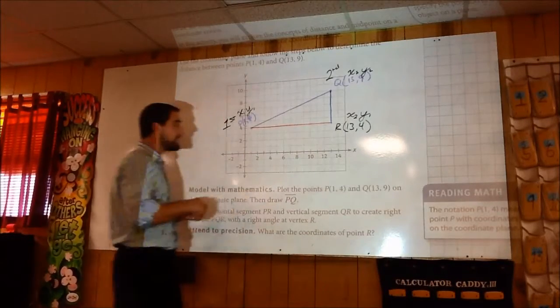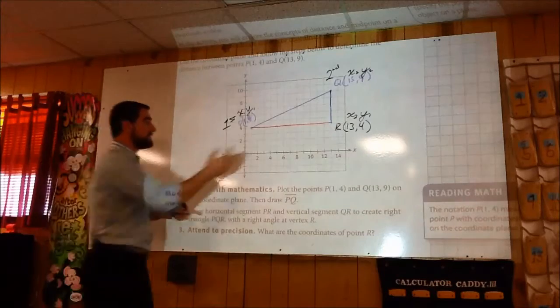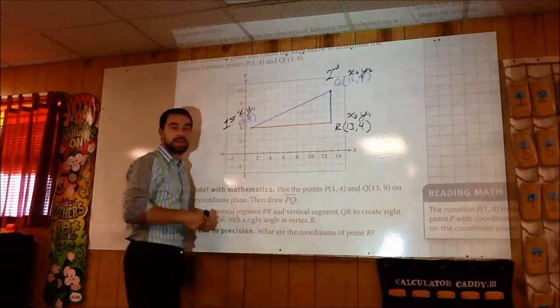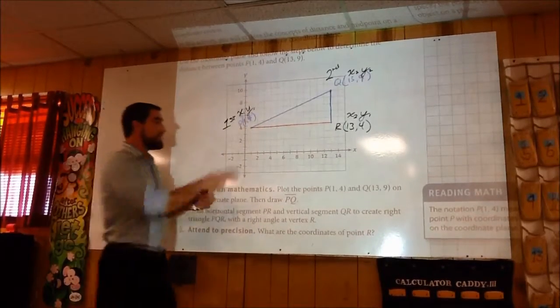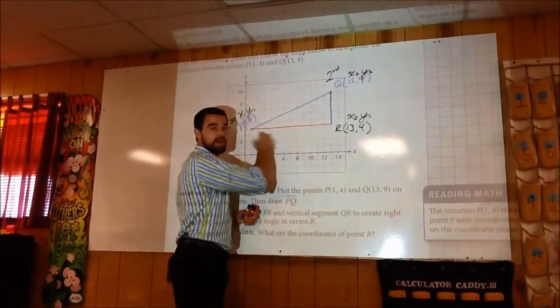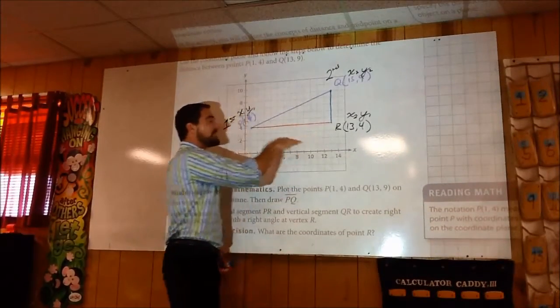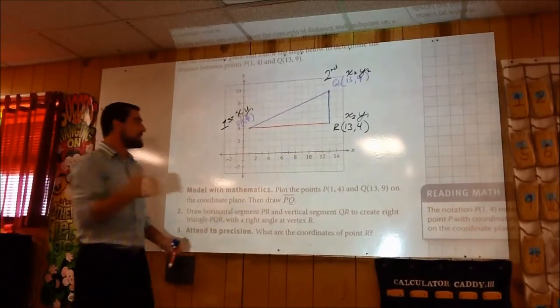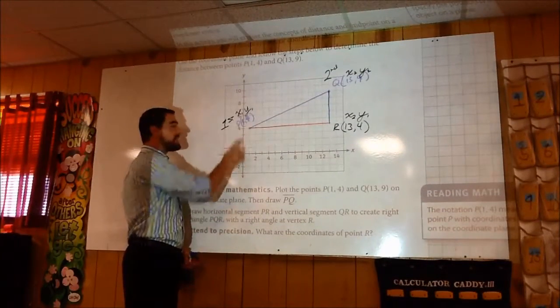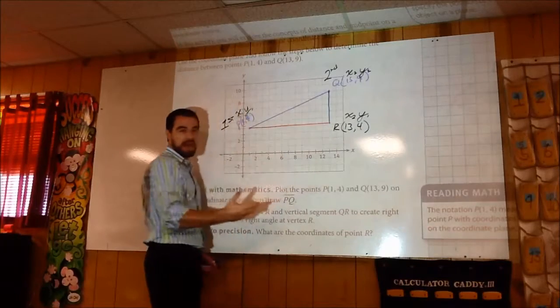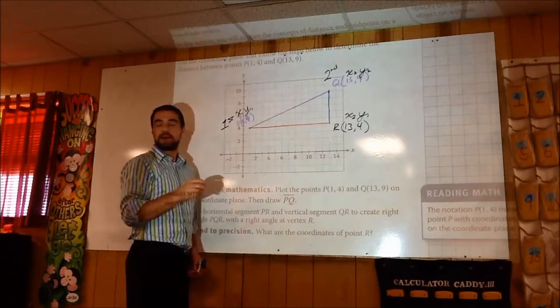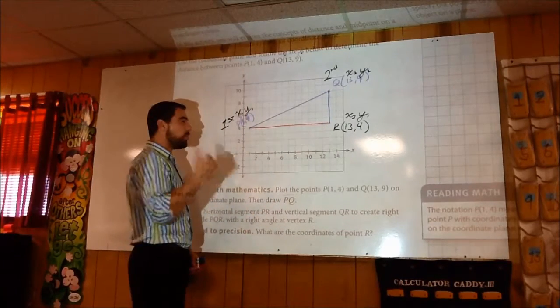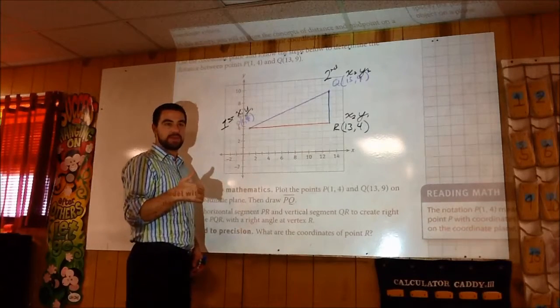Okay? Now, so we're trying to figure out what the length of this red segment is. Now, this red segment, how many dimensions is that right now? Just one, right? Because I understand that these points both have an x and a y coordinate, but only one of the coordinate values is changing.